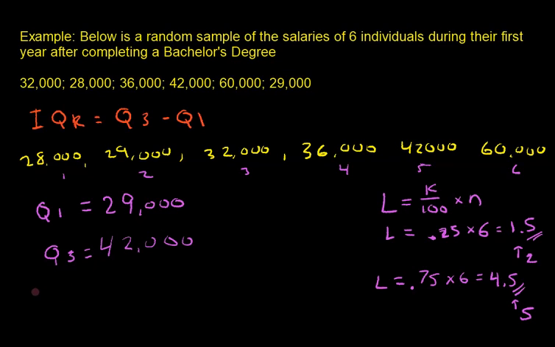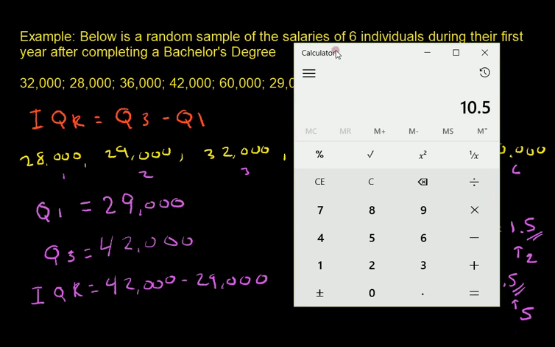All right, so then the interquartile range. That'll be 42,000 minus 29,000. We can pull out our calculator if we want. So 42,000 minus 29,000, we get 13,000.